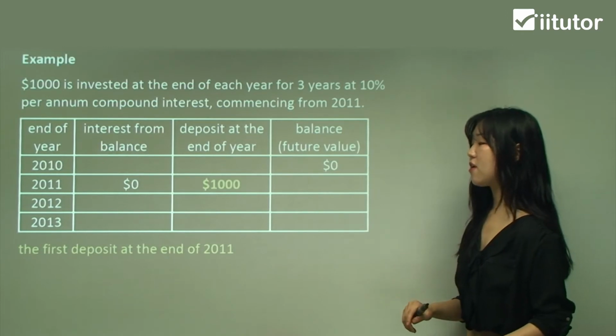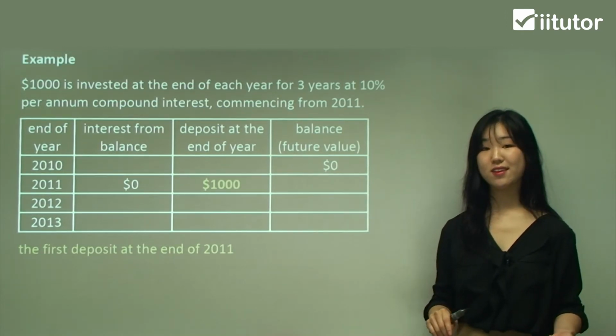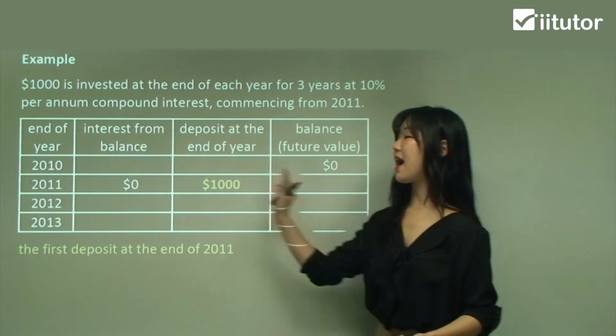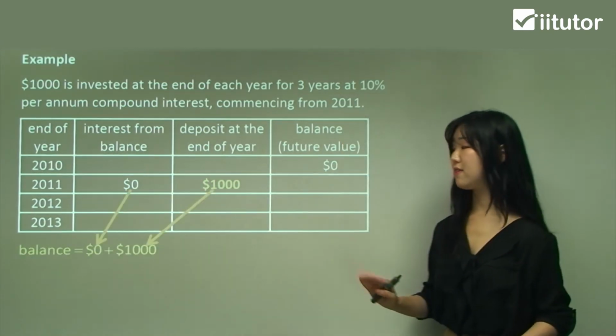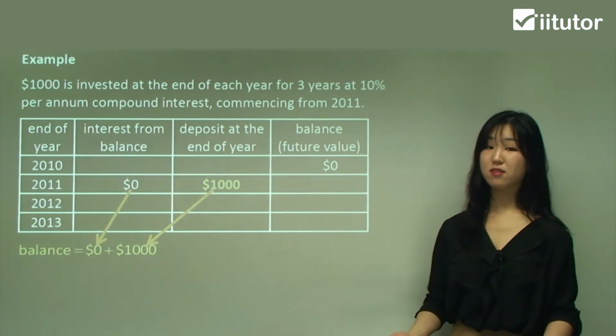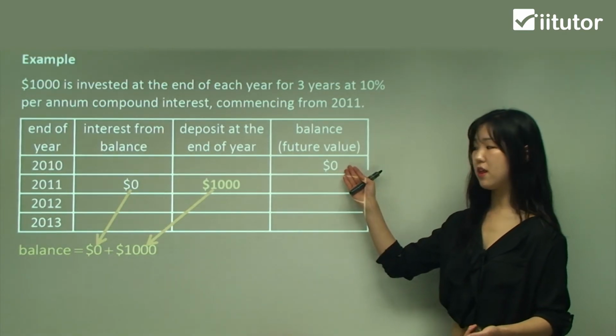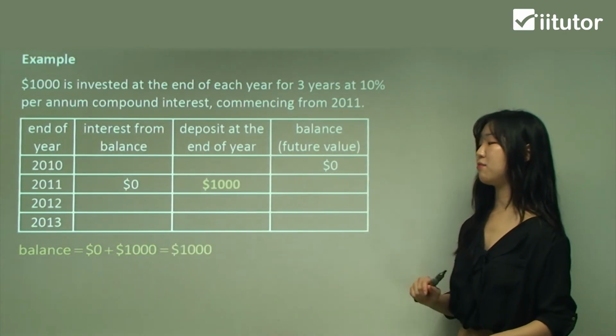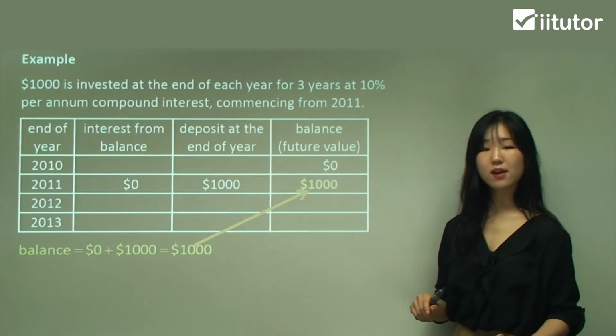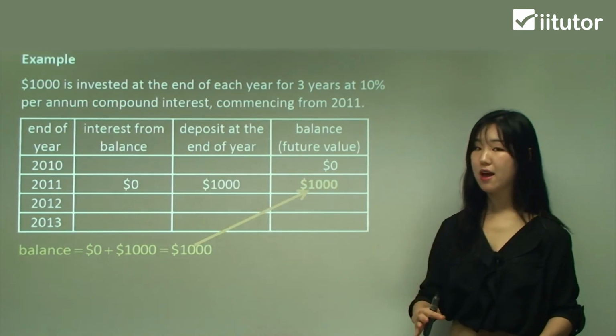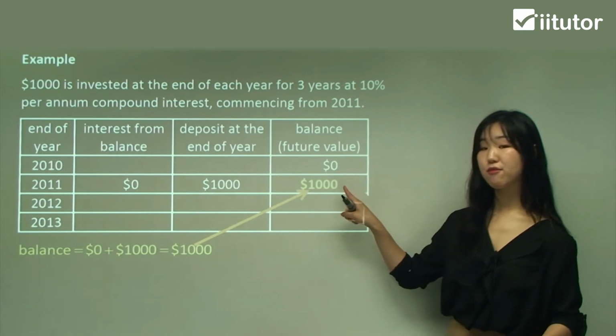So that's what it is. That's the first deposit at the end of 2011. Now the balance will simply be our interest plus the deposit, isn't it? So we have to add it up to get the balance. But this time the interest was zero. We didn't get any interest because we didn't start with anything. So the balance is simply $1,000. All right? But now, see what happens now, guys. Now in our account, we have some money.